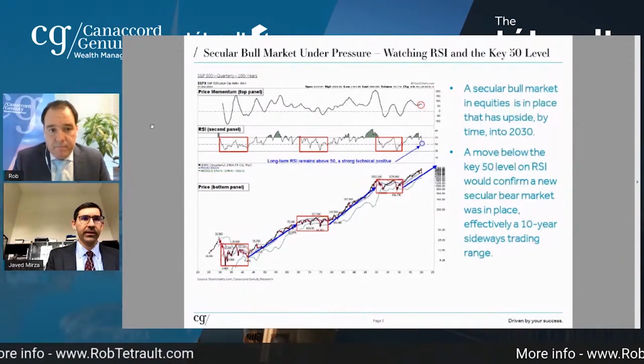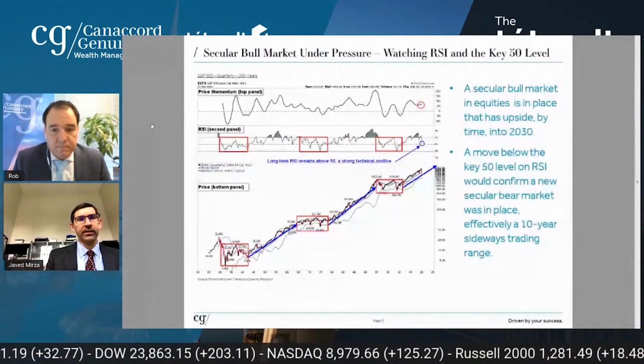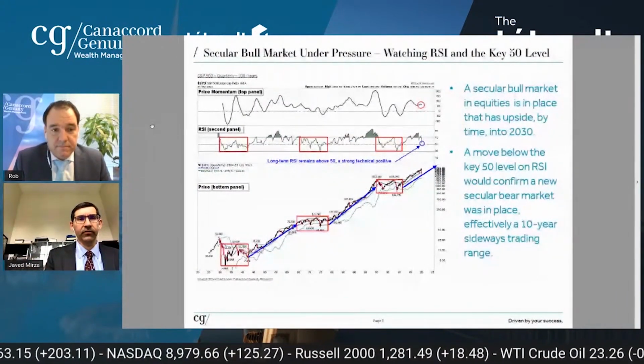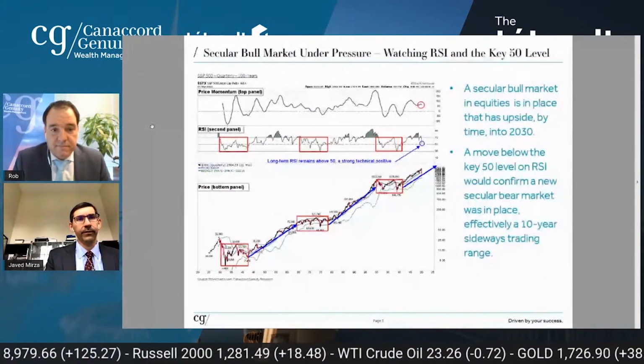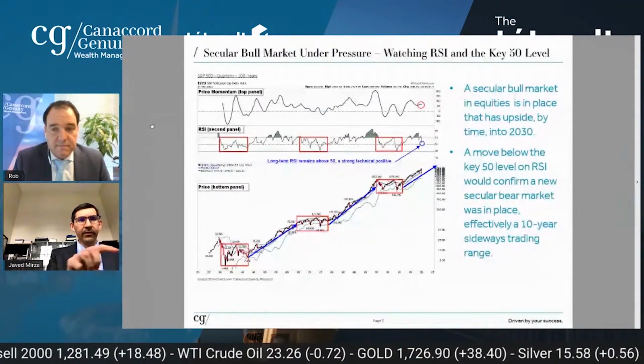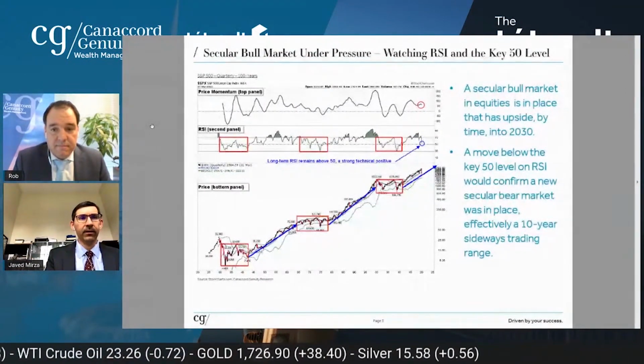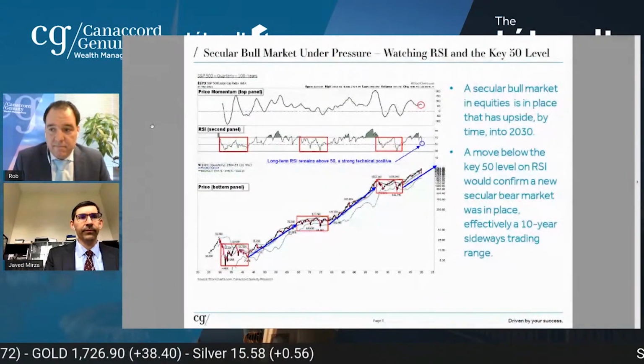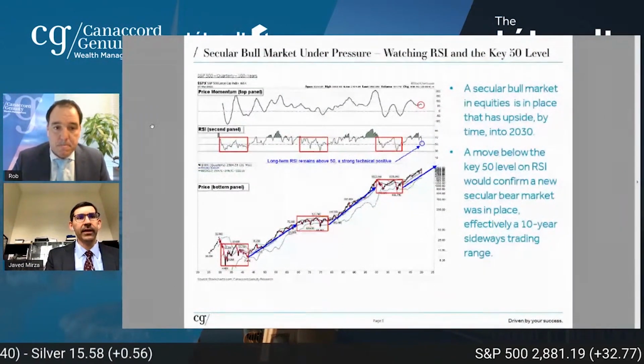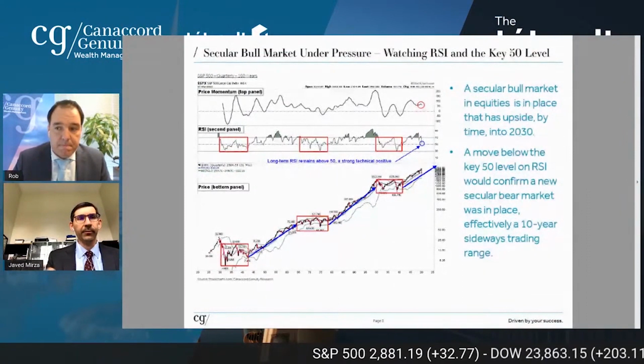The key takeaway here is if a stock is above 50, it's trending higher on RSI, and if it's below 50, it's trending lower. You can see in those red boxes in the second panel that RSI has moved below 50, and that's been a confirmation that we've moved into a secular bear market in equities.